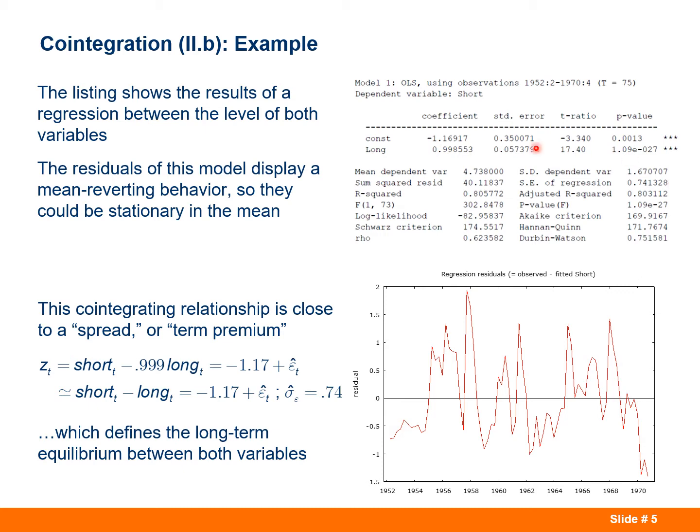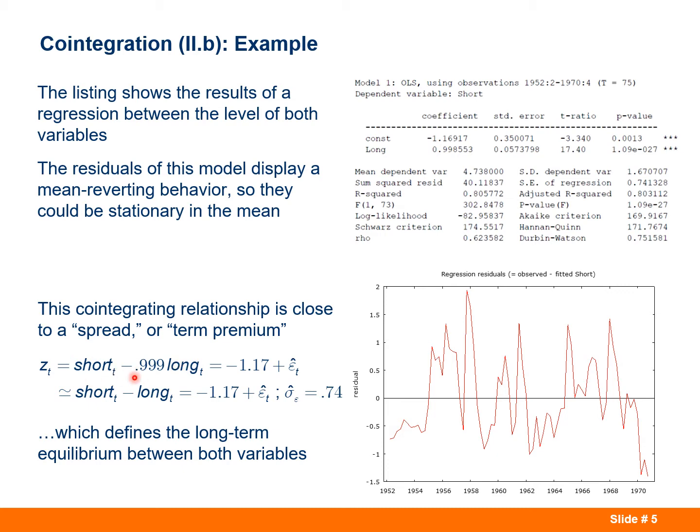This means that both series, short and long, are cointegrated because a regression between them, which are I(1), displays residuals which could be called I(0), residuals which are stationary in the mean. If we rearrange the terms of this regression, we could move this coefficient times the variable long to the left-hand side of the equation.